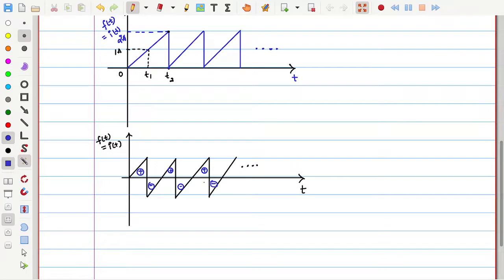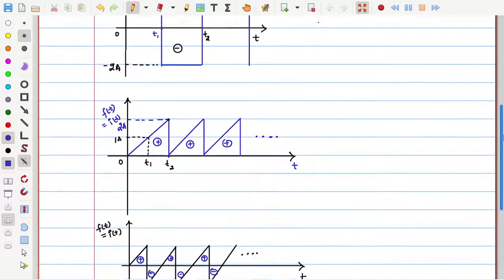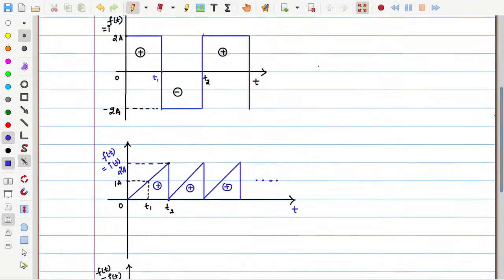So AC means it is not only changing in polarity, it may change only in the amplitude also, like this. See, all are positive. This is positive, this is positive, this is positive. Okay? So ultimately alternating current means it may change the polarity from positive to negative with constant amplitude.